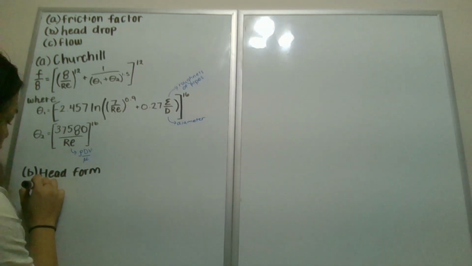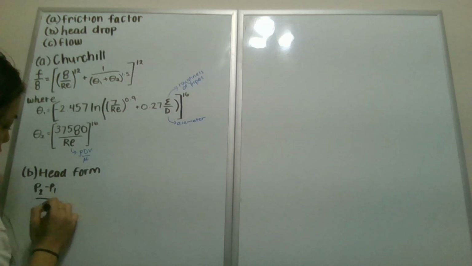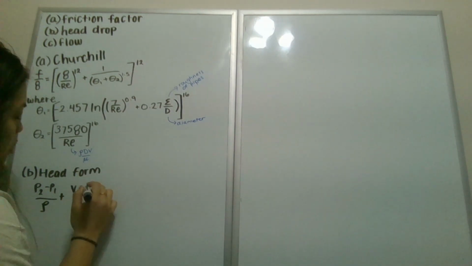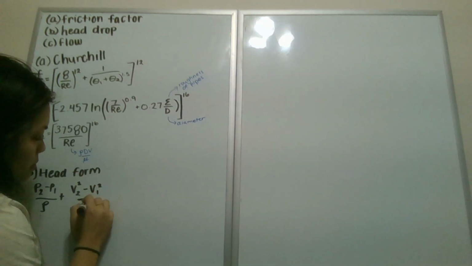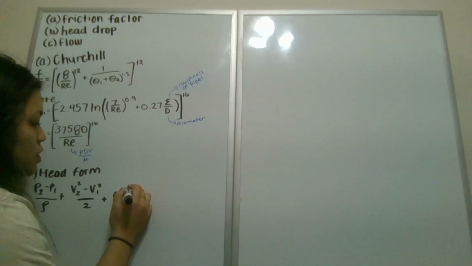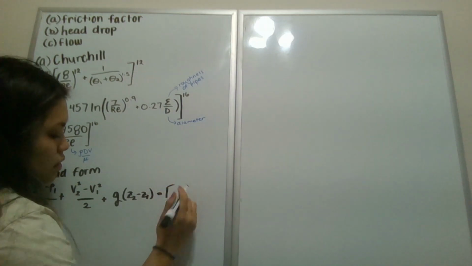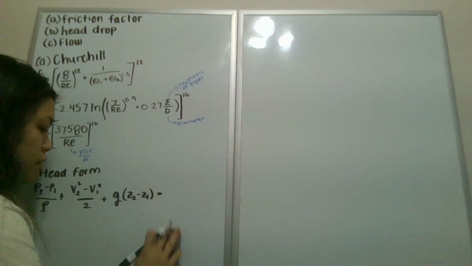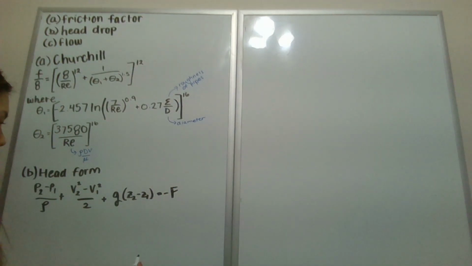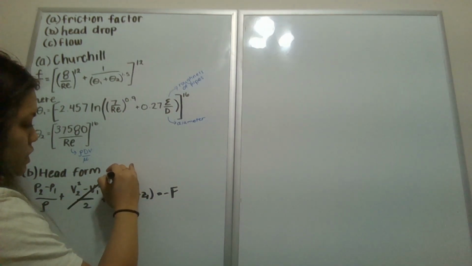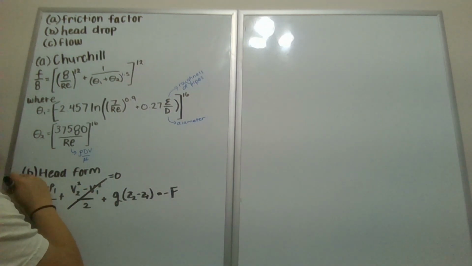Bernoulli's equation is that pressure 2 minus pressure 1 divided by the density, plus velocity at the second position squared minus velocity at the first position squared divided by 2, plus gravitational acceleration times position 2 minus position 1, is equal to the negative frictional heating. The velocity is not changing, so that term is going to be equal to 0.